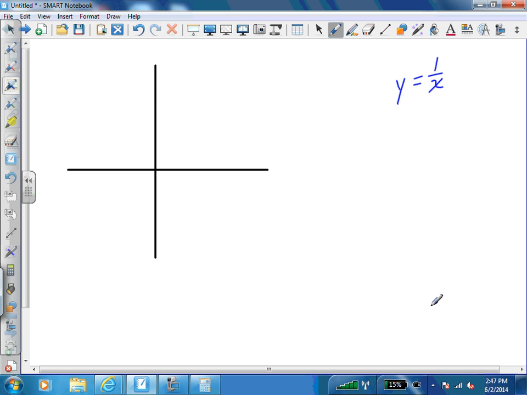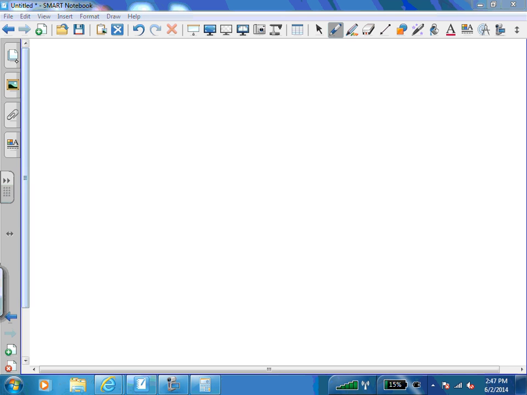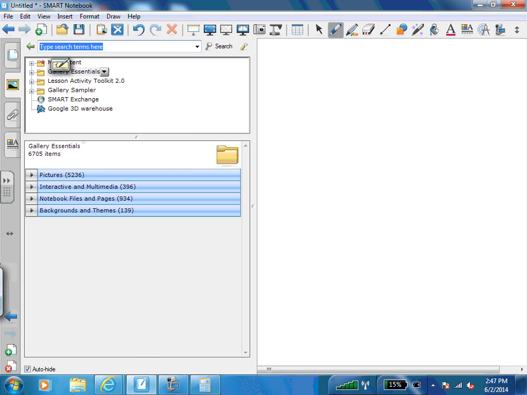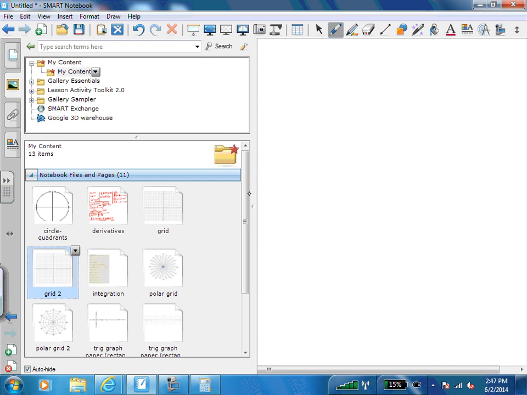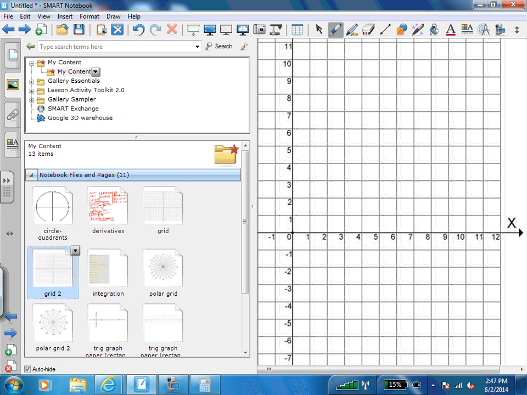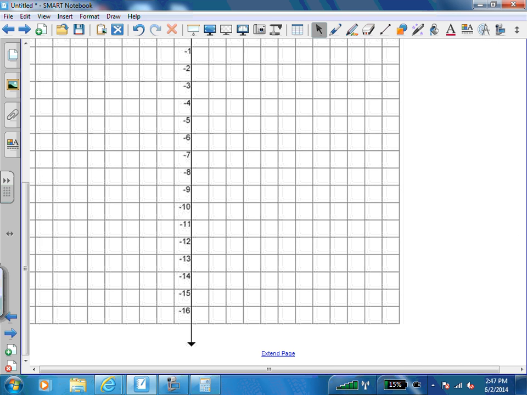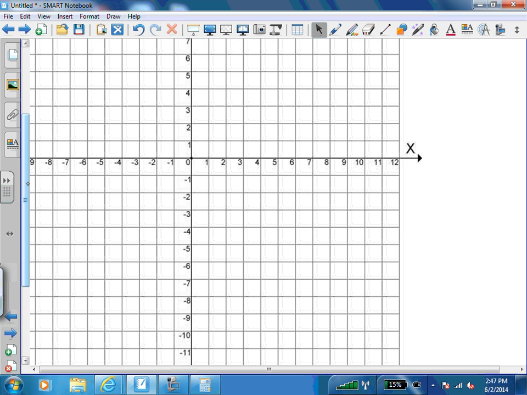If we look at the function y equals 1 over x, I guess we'll graph it here. We look at y equals 1 over x.